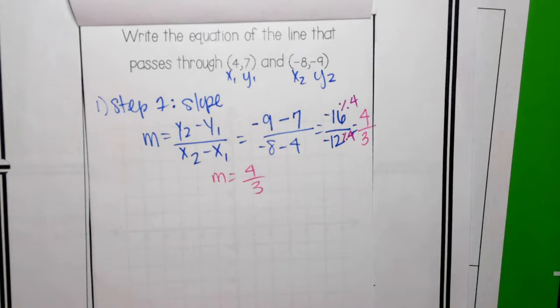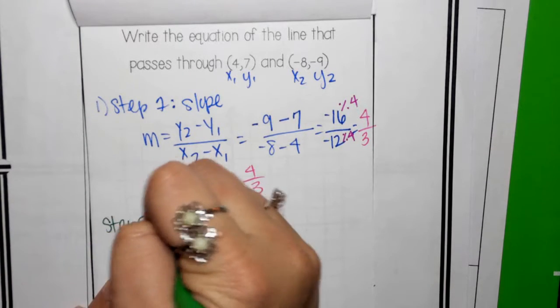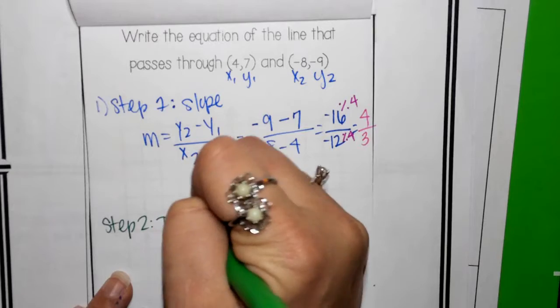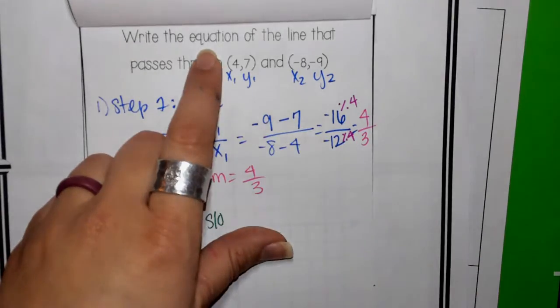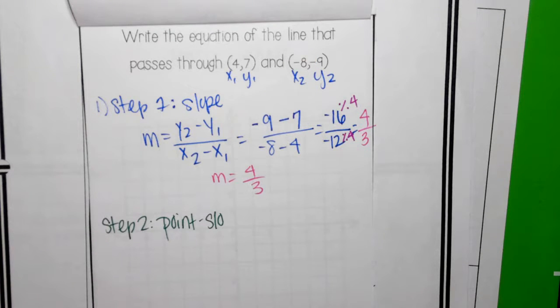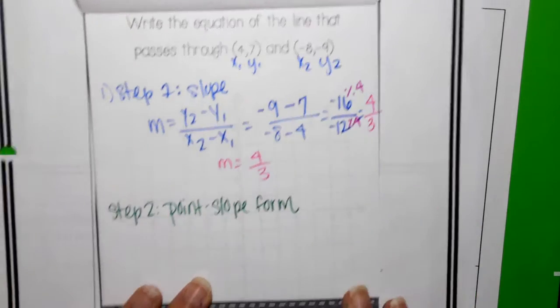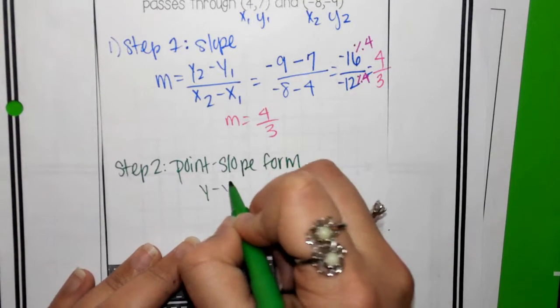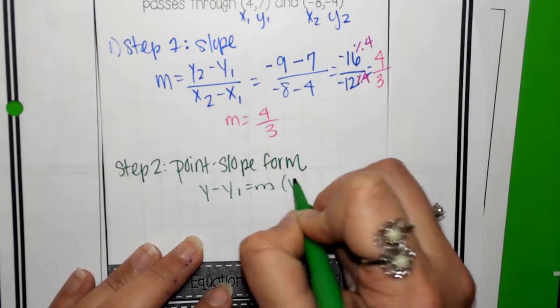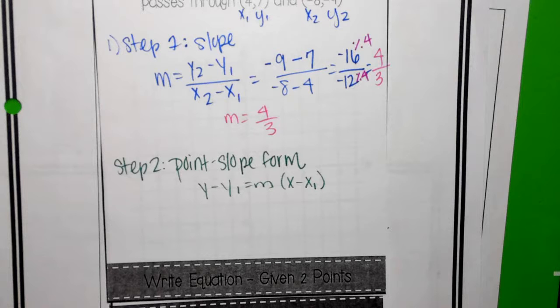So if step 1 is finding your slope, what is step 2? Finding the point. What do the directions ask us to do? Write the equation. And what type of equation have we been writing? Point slope form, which is y minus y1 equals m times x minus x1. We just did it for homework.